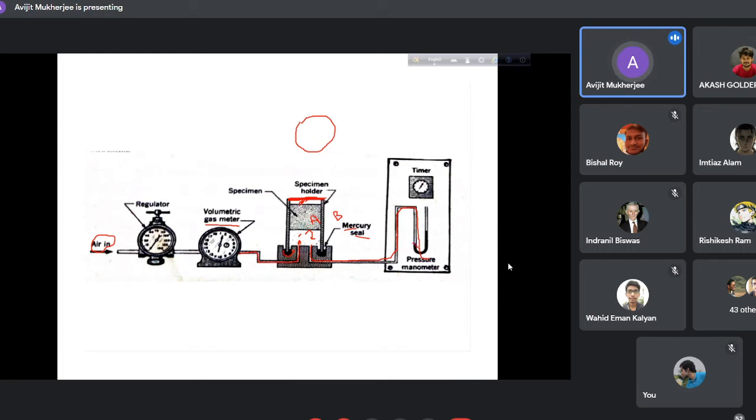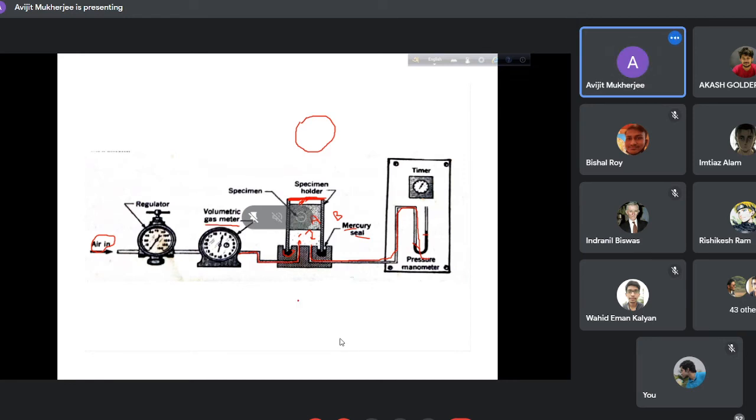Again, there is mercury. The air which can't enter the chamber will be reflected and apply pressure here also. And there is a timer, so we shall observe how much time they are taking.